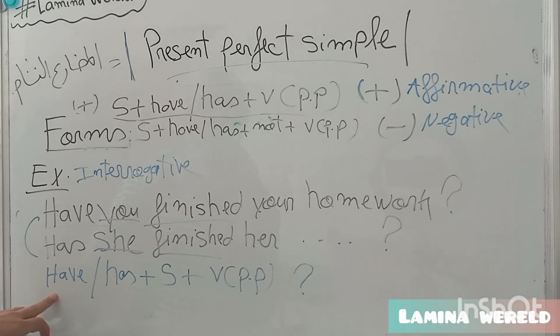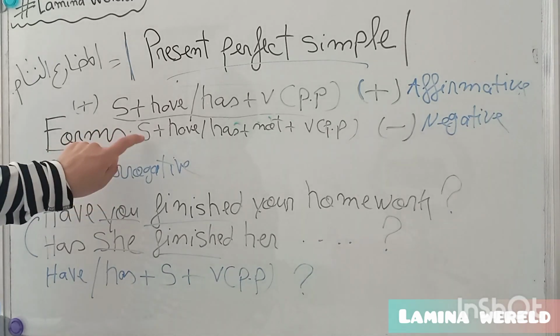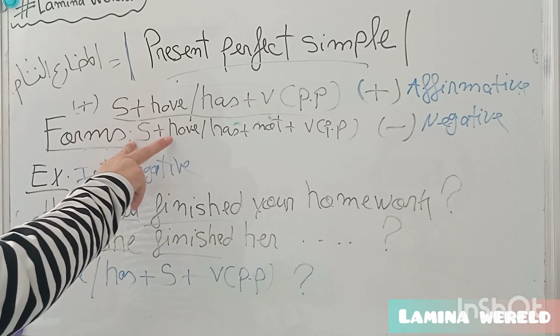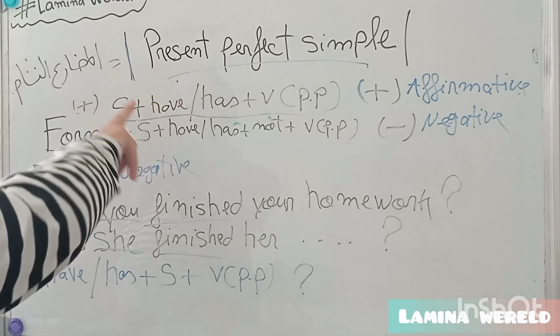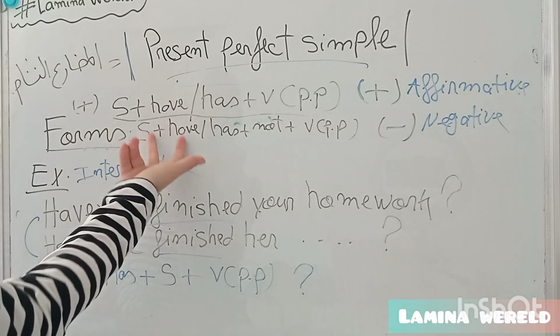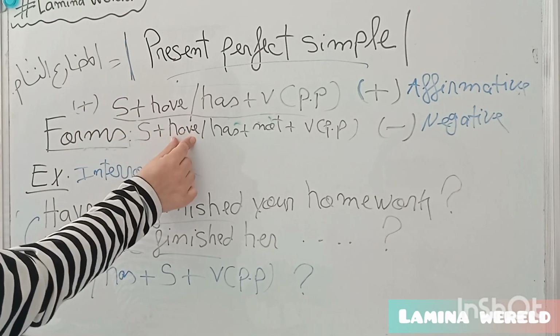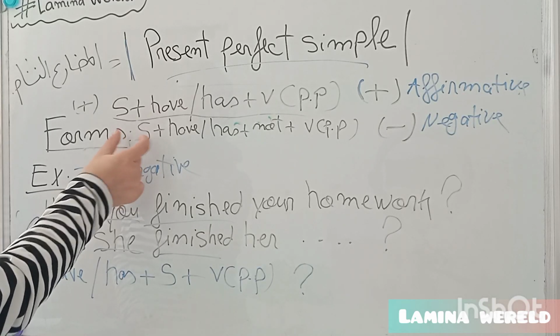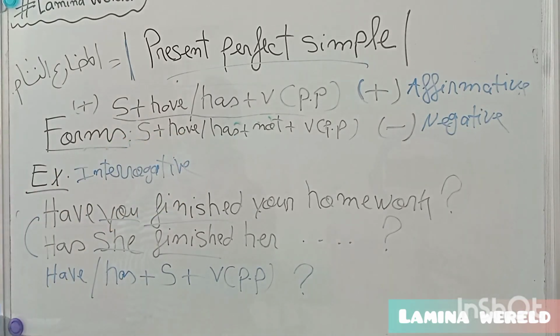Okay, so this is the structure. We don't start with the subject, but we start with the auxiliary, then the subject. Now we transform the sentence, okay? Yes, we put the auxiliary first, then it is followed by the subject.